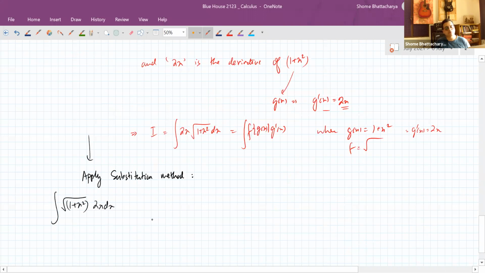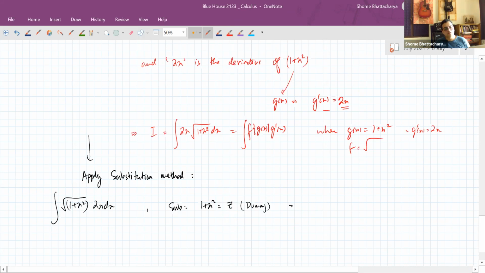It doesn't matter, it's the product of two things. Substitute 1 plus x square as g, something we've already seen above. Oh sorry, we have to substitute this as z. So that is now our dummy variable. Substitute 1 plus x square as z.